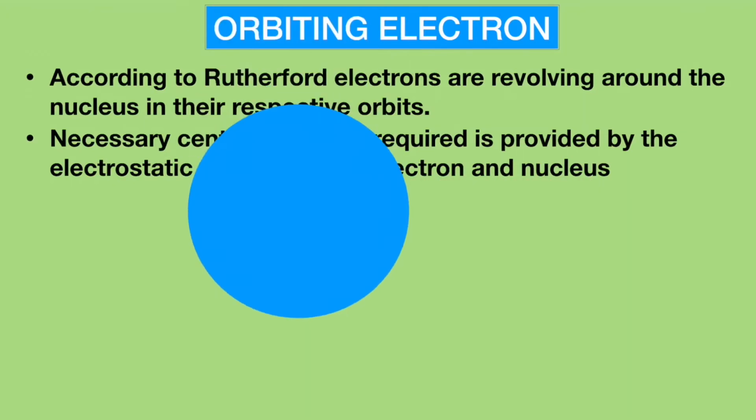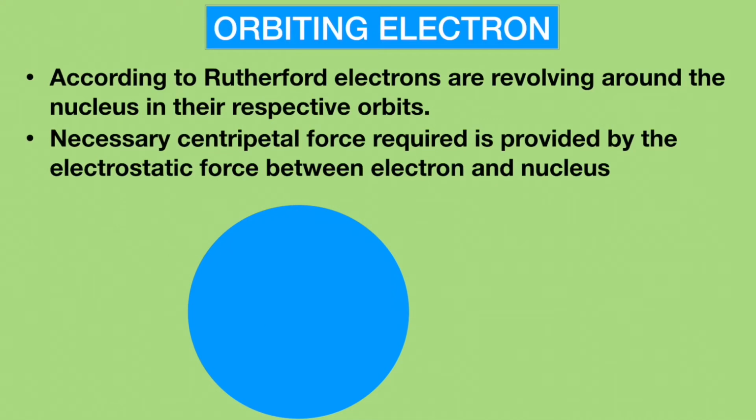So let's see how it happens and how these electrons revolve around the nucleus. Just try to understand by this diagram. This is the atom, and this is the nucleus having the positive charge Ze. Around this nucleus, electrons are revolving in their respective orbits. This is the electron revolving nearest to the nucleus.